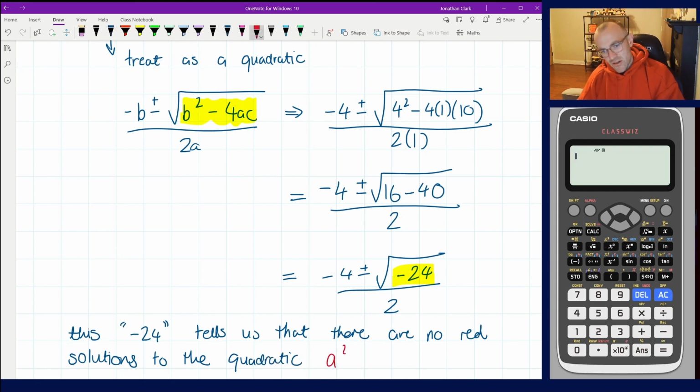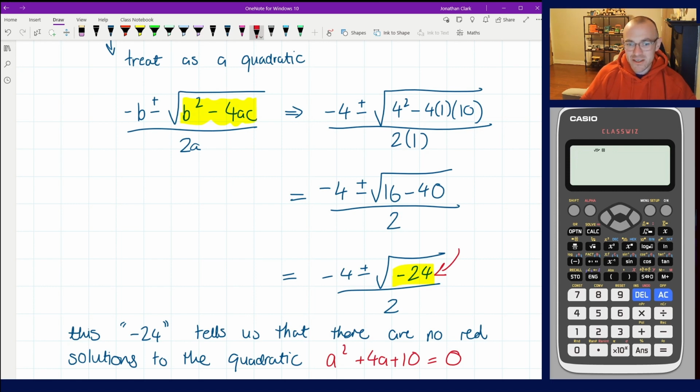Essentially, if we're trying to solve this equation, the only possible answer there would be a complex answer. There's no real numbers that we can substitute in there. It doesn't have to be a whole number, but there's no real numbers that we could sub in there to make it work.